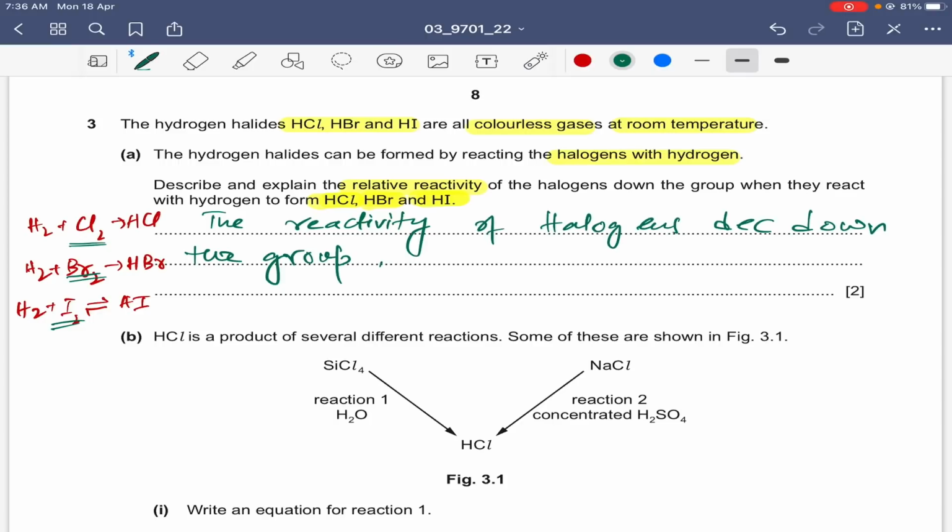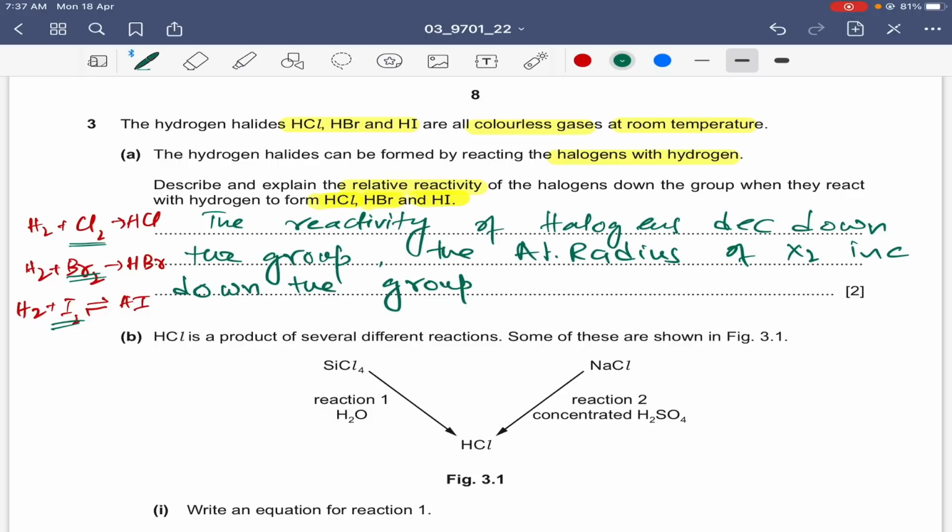As we go down, the number of shells being added into the atom increases. So the atomic radius of halogens increases down the group. That means iodine has the largest atomic radius.